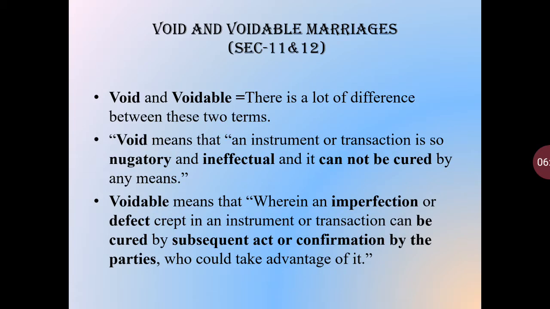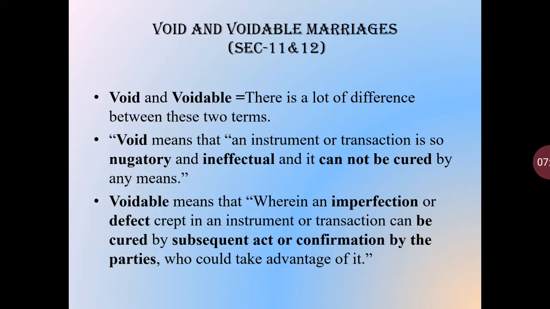Next, third point is nullity of marriage, that is defined under section 11 and 12. Void and voidable marriages. Section 11 and 12. There is a lot of difference between these two terms. Void means an instrument or transaction is so nugatory, insufficient and ineffectual that it cannot be cured by any means.